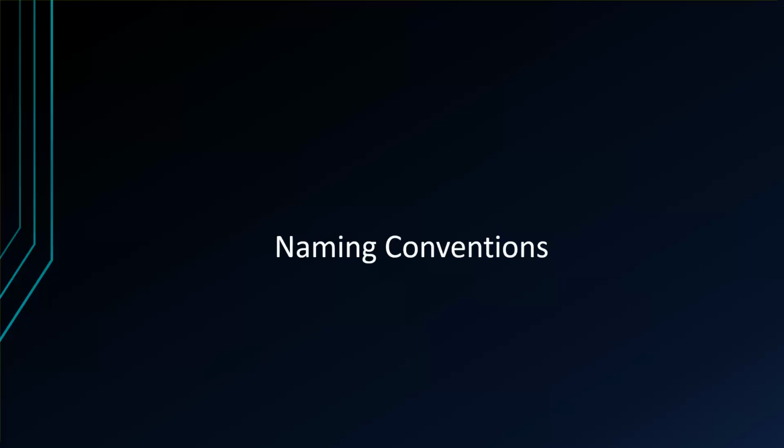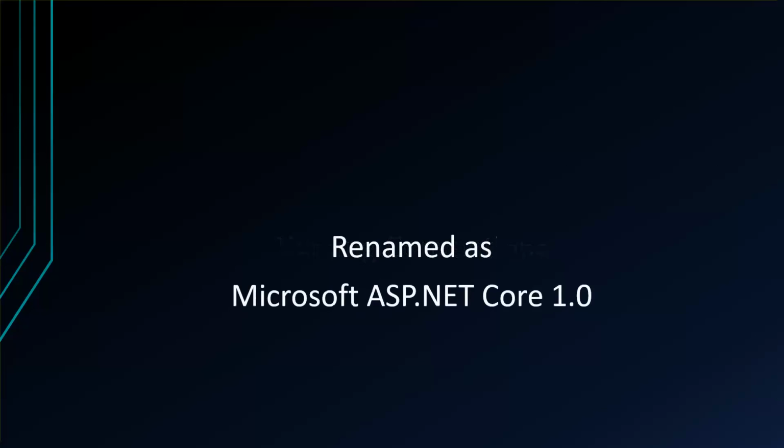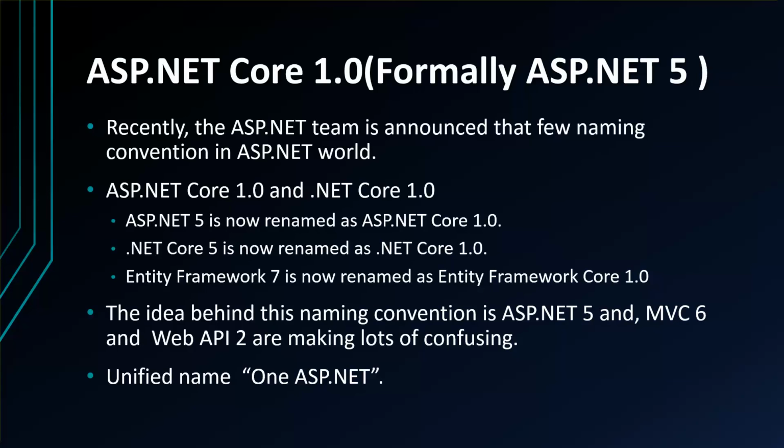Recently Microsoft made some naming changes for ASP.NET 5 and MVC 6. They renamed MVC 6 and ASP.NET 5 as Microsoft ASP.NET Core 1.0. As I told you earlier, they completely redesigned it from scratch.